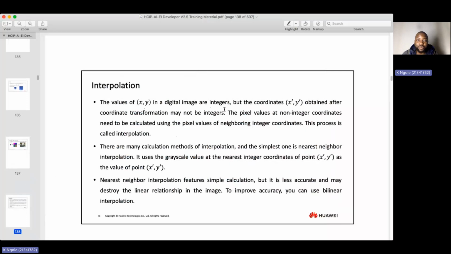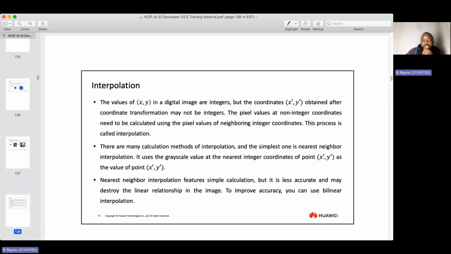That means we may have a picture which is 20 by 20, but because of the transformation we've done, we end up having a picture which is 20 point something, for example 20.5 by 20.6. So we now have numbers that are not integers.